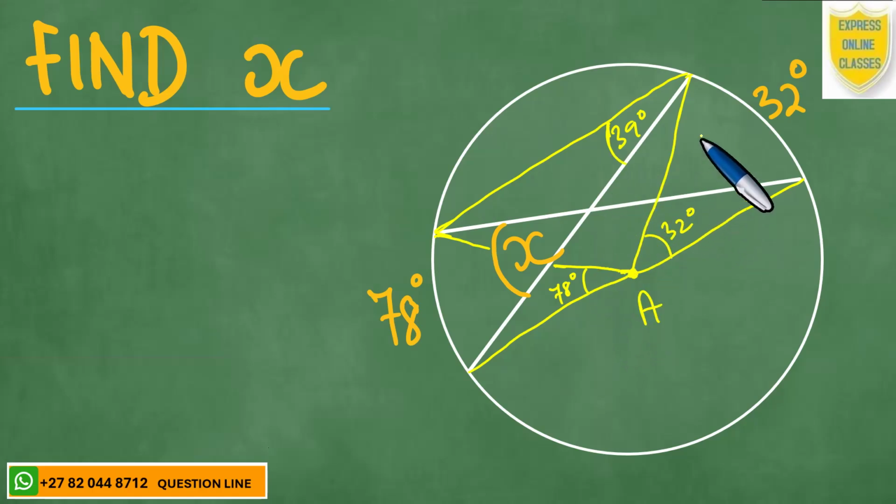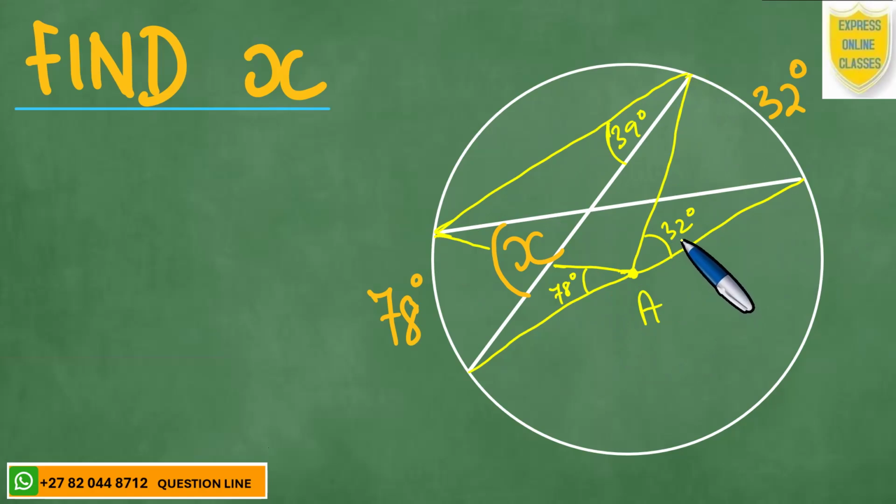Next, here we have an angle of 32 degrees. The angle at the center, subtended by this arc, is equal to 2 times the angle at the circumference of the same circle subtended by the same arc.